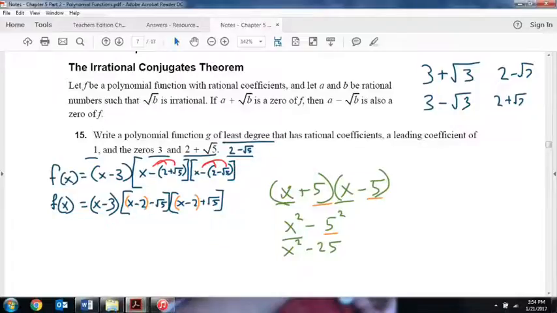If you want me to show you that the long way, I can, but what happens is when I multiply these out, f of x equals x minus 3, it's going to be the first one squared.